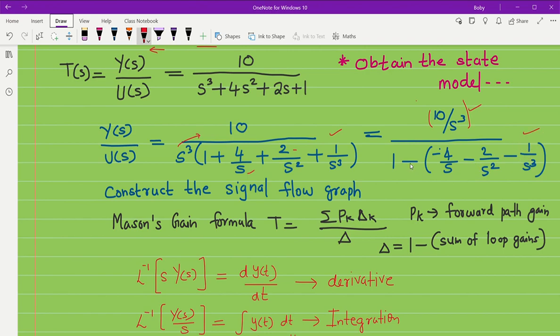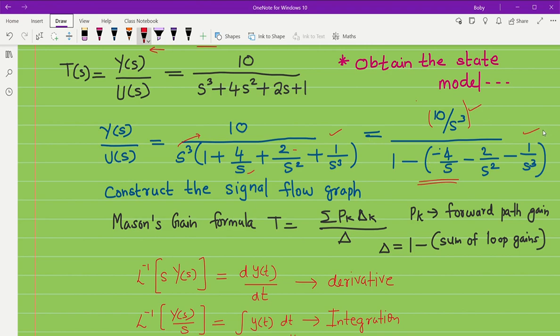If we multiply, this minus inside, it will become plus, plus, plus. Okay, so that is correct. So 1 minus 4 by s, minus 2 by s square, minus 1 by s cube. So we have modified the given transfer function in this way.